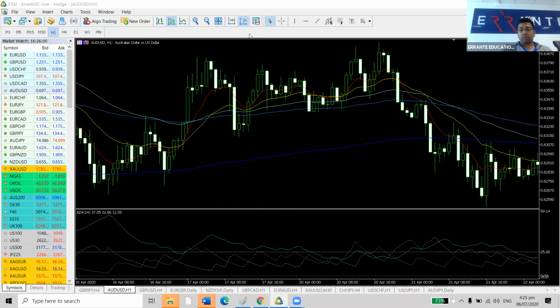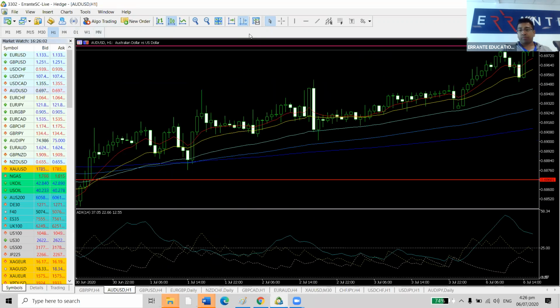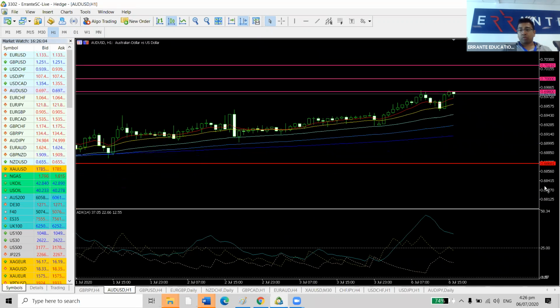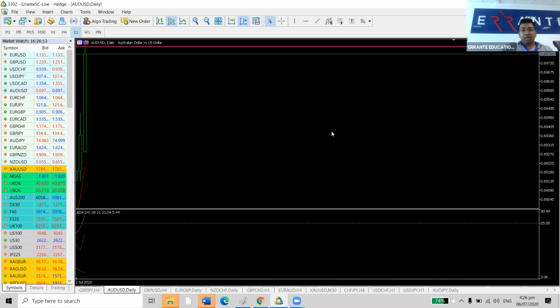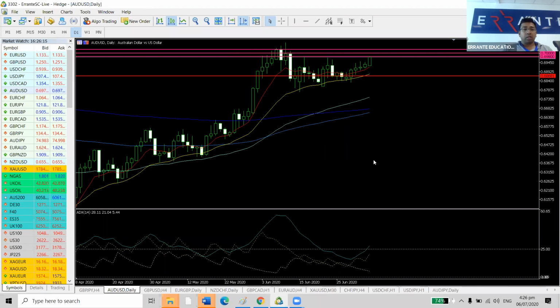So yes, we have got opportunities of more upside move for AUD USD, but at the moment, we want to wait a little bit. This is the sell for correction if you want to take that trade. But on the daily and all that, we just see a lot of upward type movement, but then it's got resistance as I mentioned earlier on.